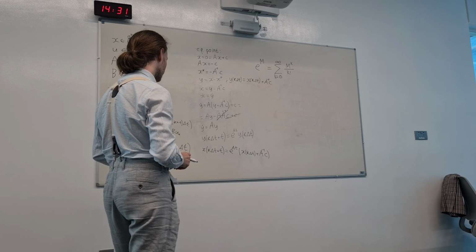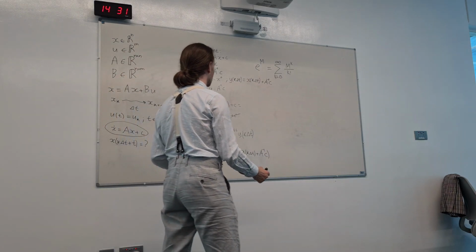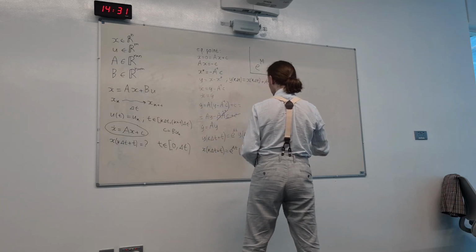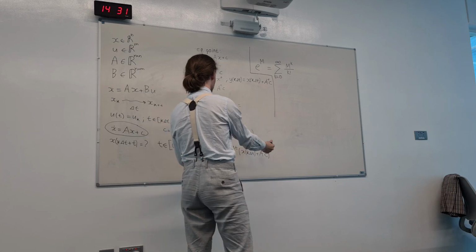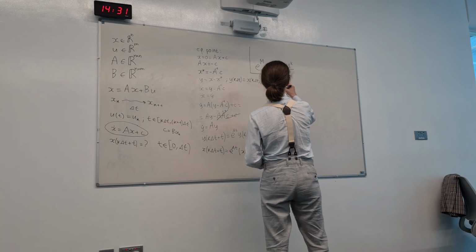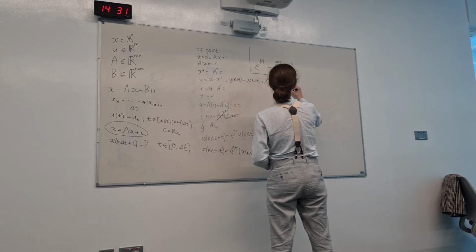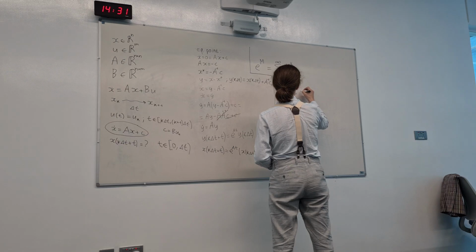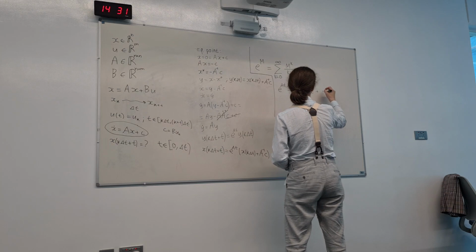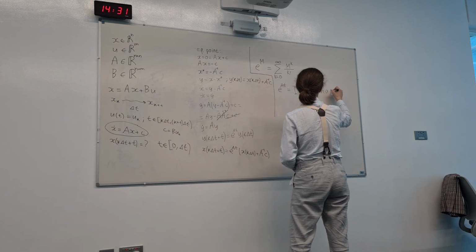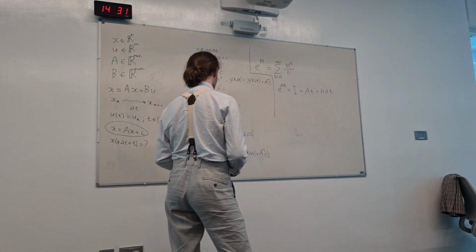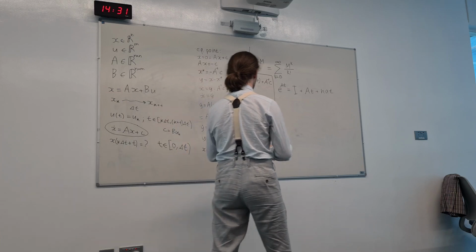And now we can indeed consider a first order approximation for e to the power of At. So e to the power of At is equal to an identity matrix plus At plus higher order terms. Let's plug it here.